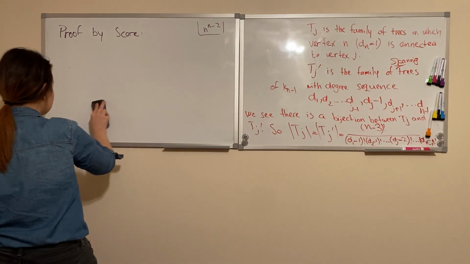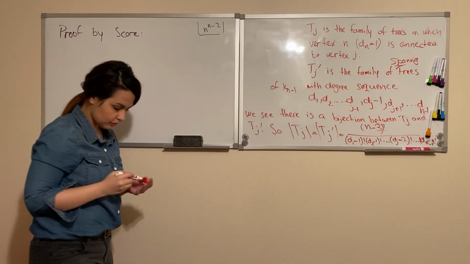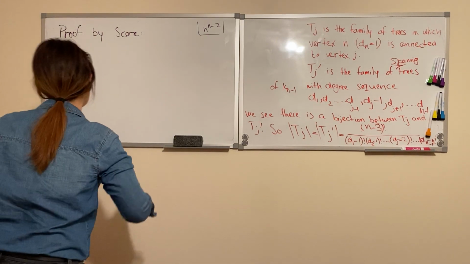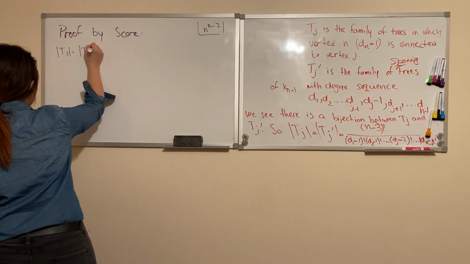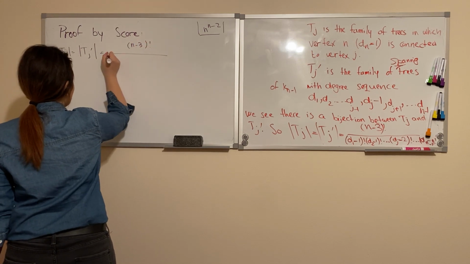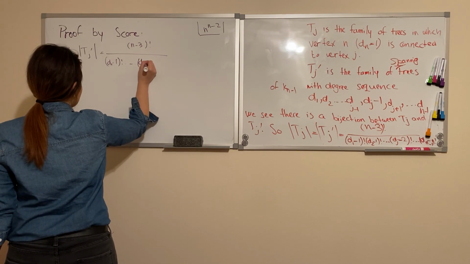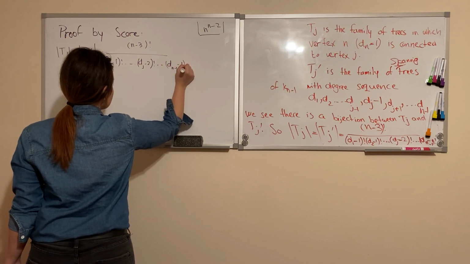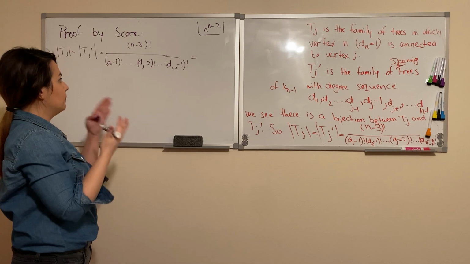Let's see what we can do. And so Tj is equal to Tj prime, equal to n minus 3 factorial over d1 minus 1 factorial, dj minus 2 factorial, dn minus 1 minus 1 factorial. Okay, I want to make it better.